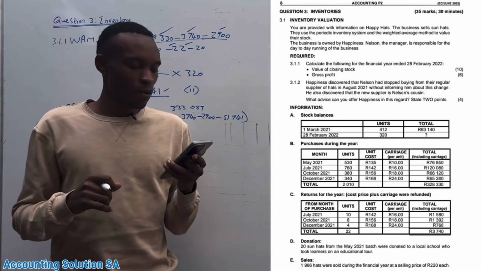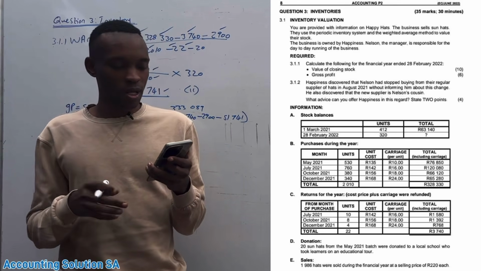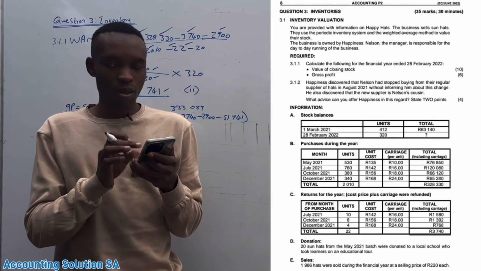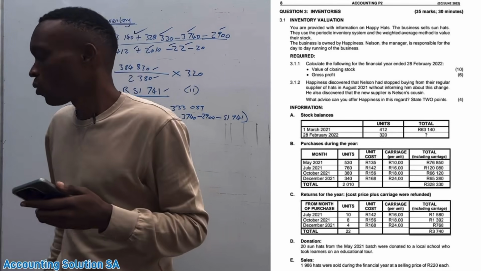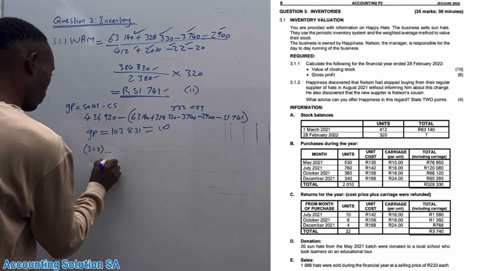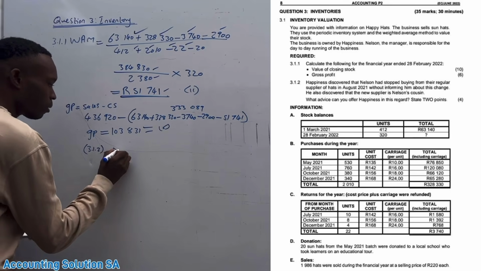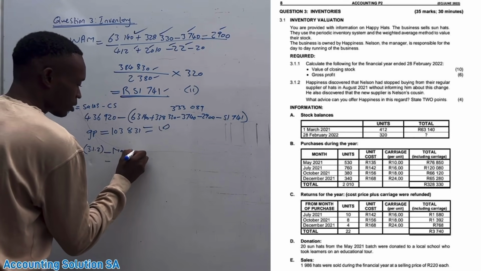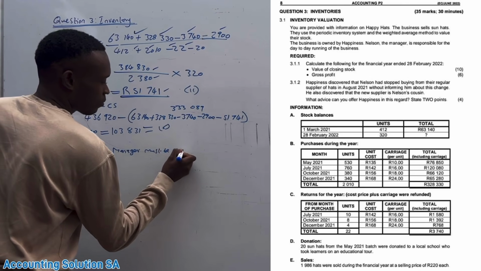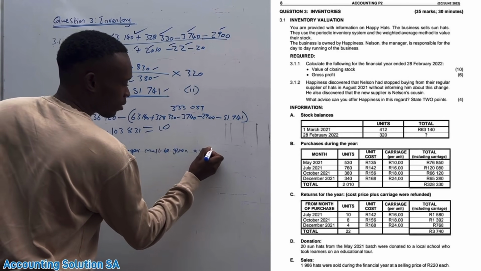So now, what can we advise the owner in this case? We need to advise the owner what we can do to avoid this situation. Number one, the manager must be given a warning.